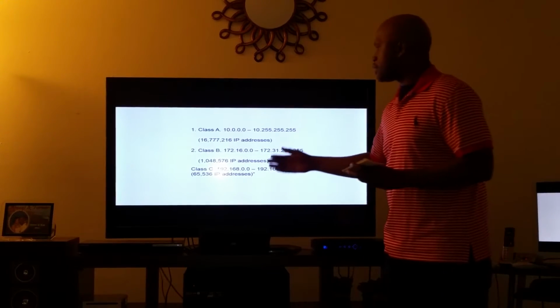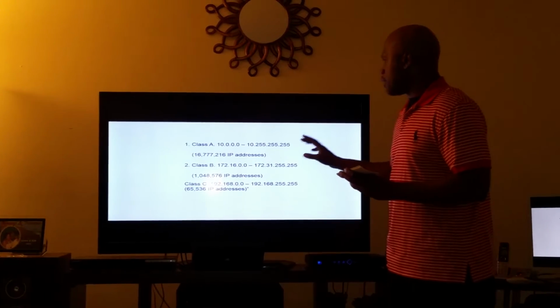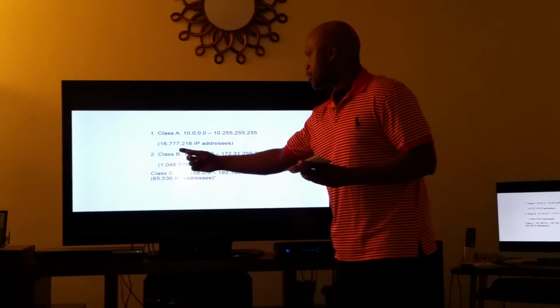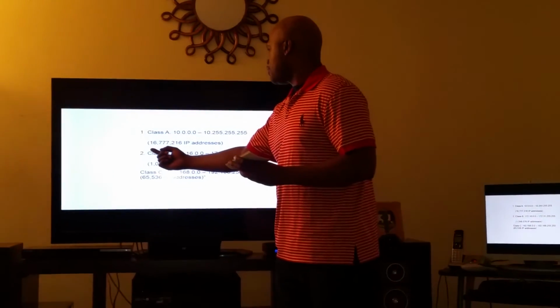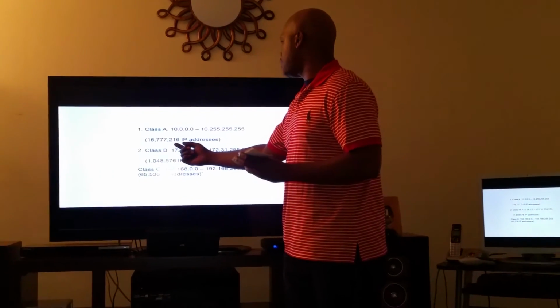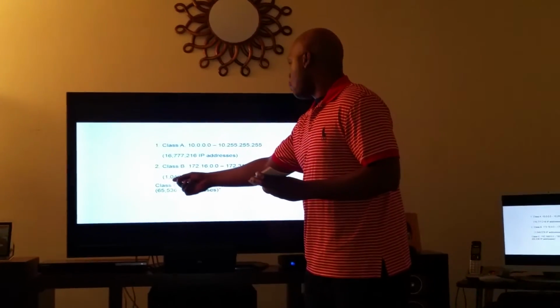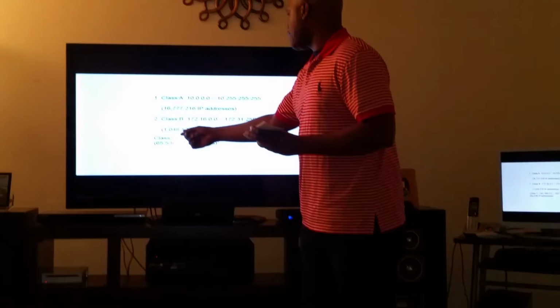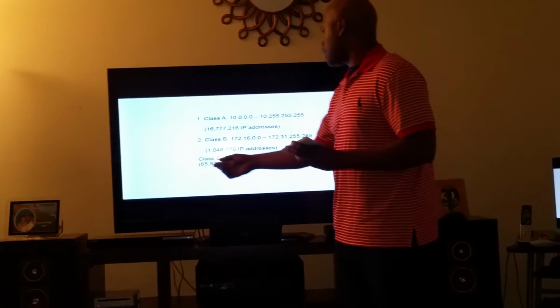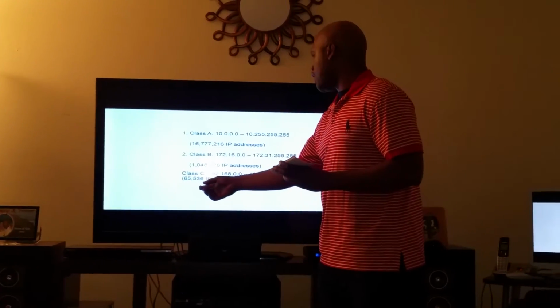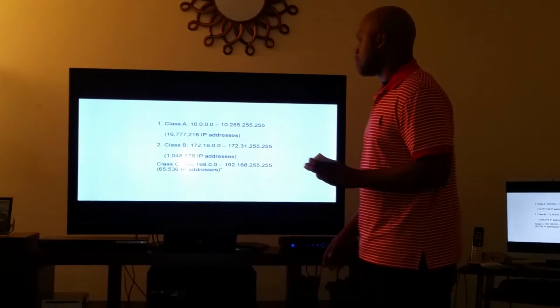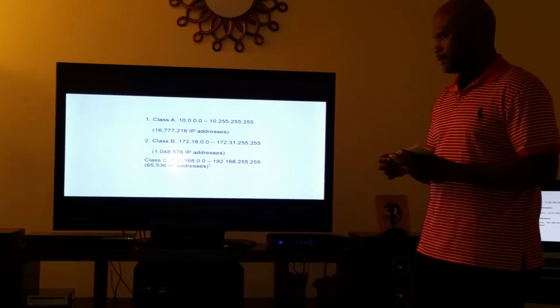And these address ranges will tell you exactly how many addresses are available to you: 16,777,216 for Class A, 1,048,576 for Class B, 65,536 for a Class C.